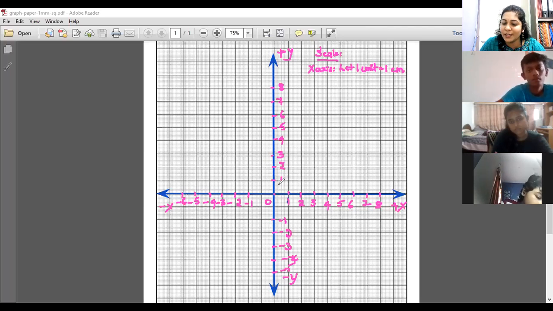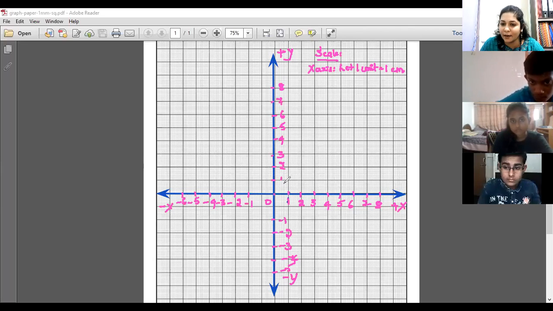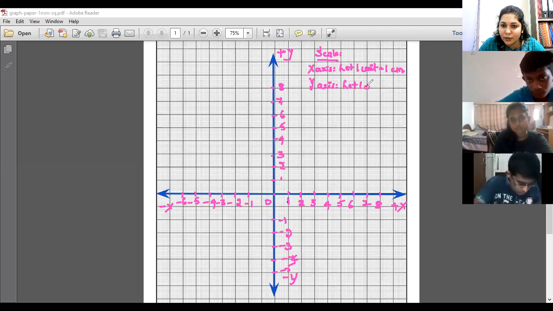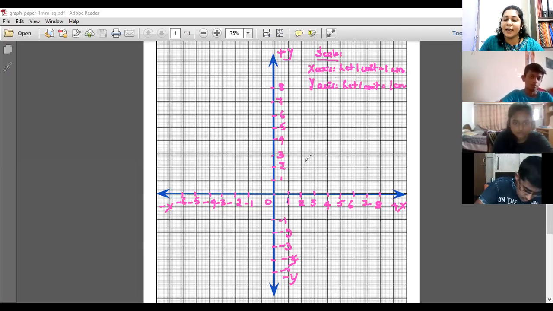What is the measurement? It is equal to 1 centimeter. Correct or not? You just need scale to draw lines. You actually don't need scale to mark the points, because in a graph sheet it is already done. Is it not? So I have chosen on the x-axis, let 1 unit be 1 centimeter, and on the y-axis again, let 1 unit be equal to 1 centimeter. This is the scale I have chosen.